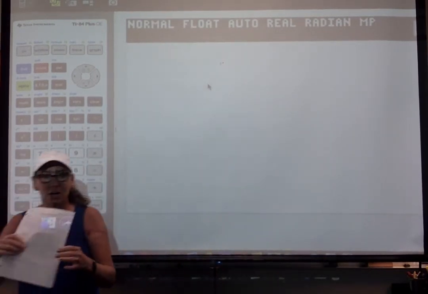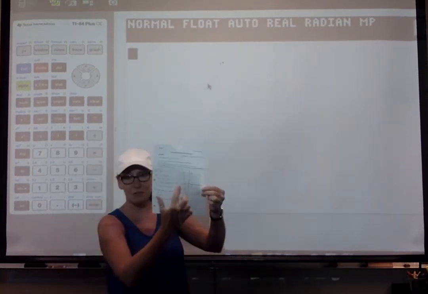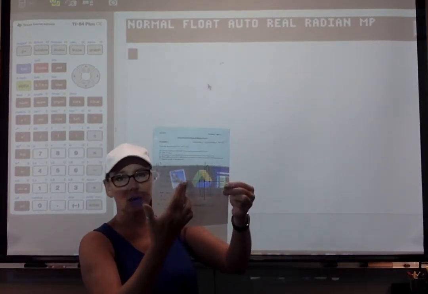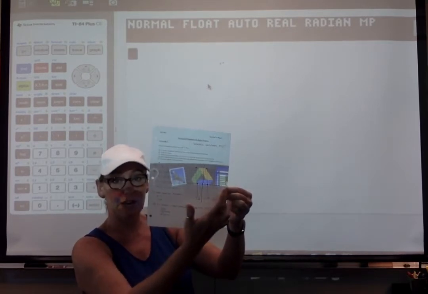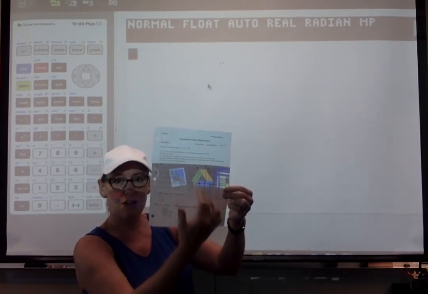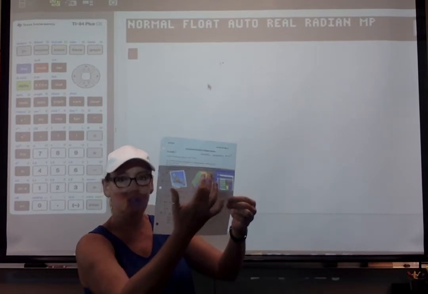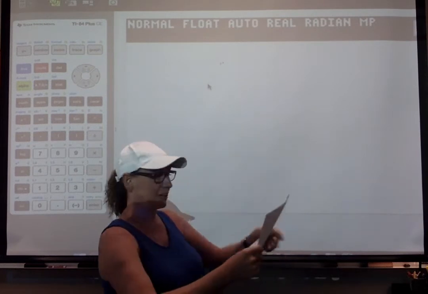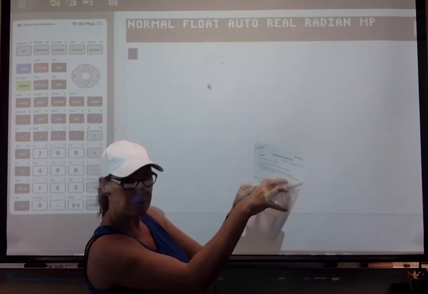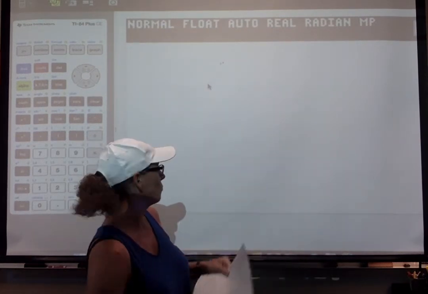In my notes, this graph went as far left as negative 10 and as far right as positive 10. The y's went from negative 10 to positive 10. I want to get my graph set up the same way.